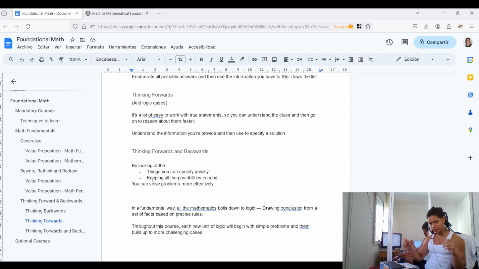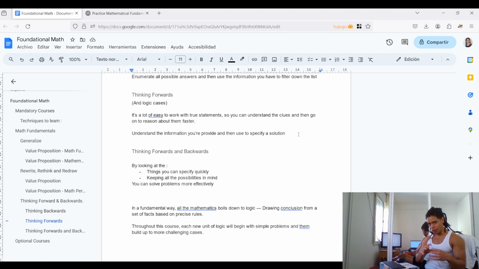Key point here: understand the information you have, and then use it to specify a solution. This is thinking forward. In other words, understand what you know, what they give to you, and then use it to specify a solution. And this is what I'm doing here, thinking forward, but for my life.